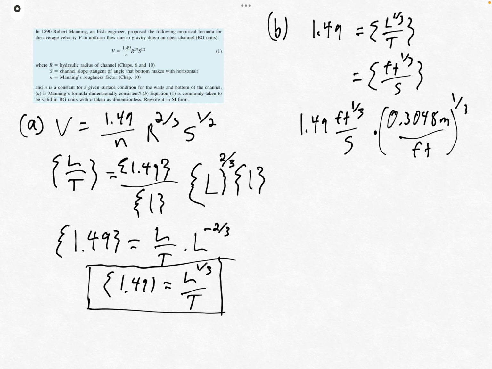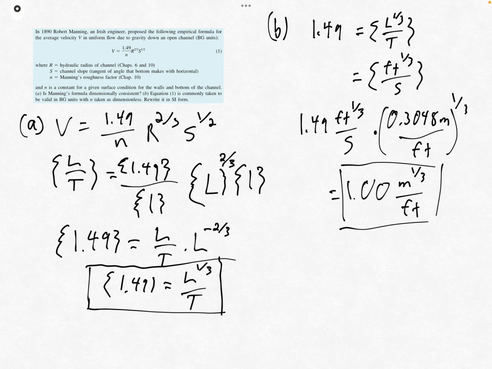And we're going to end up with then 1.00 meters to the 1/3 per second. So that's the value that we get of the constant.